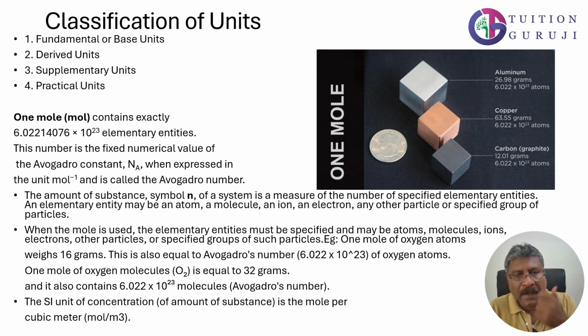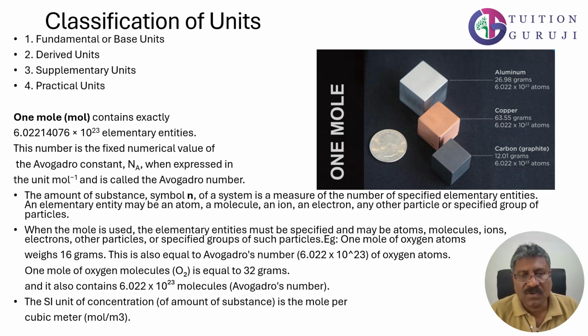In the SI system of units there are 7 fundamental base units: meter, kilogram, seconds, Kelvin for temperature, mole for the amount of substance, candela for the luminous intensity, and ampere for current. So 7 base units are there.